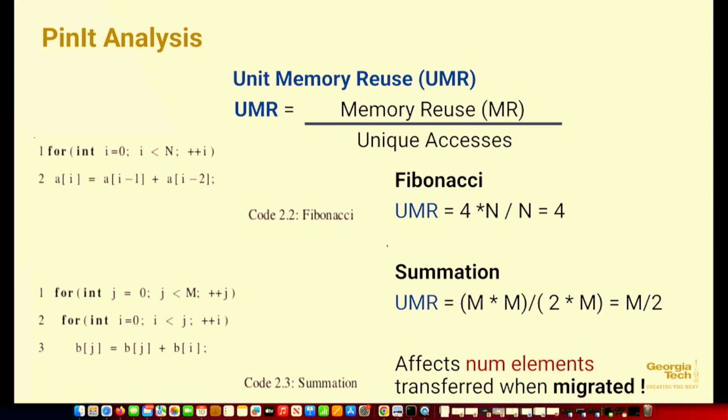For example, the Fibonacci loop here can incur up to a maximum of 4 cache misses when it's migrated, which is constant, compared to the summation loop, which can incur on average m by 2 cache misses when migrated for the execution of statement 3 in the code. So basically, unit memory reuse captures the amount of cache misses that is incurred once it's migrated.